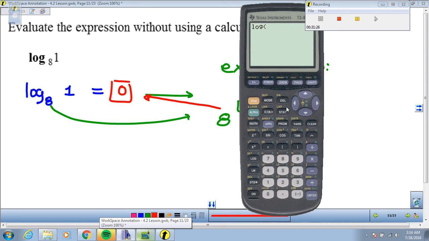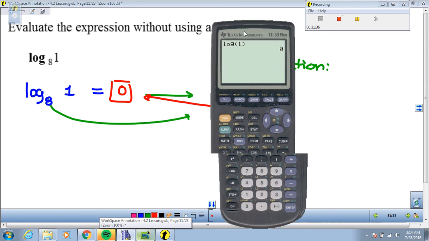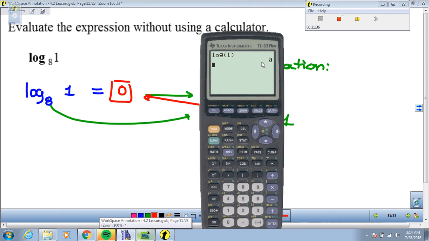So for example, if you were trying to enter log base 8 of 1, the calculator is not going to do the right thing if you just put log of 1. Here it's telling you the answer is 0, because these calculators, at least mine, only do logarithms in base 10. The calculator assumes that the base is 10, when in reality in this problem that we are seeing on the screen, the base is 8.